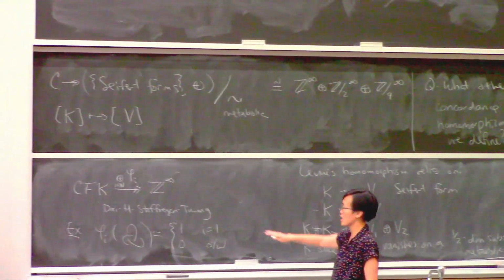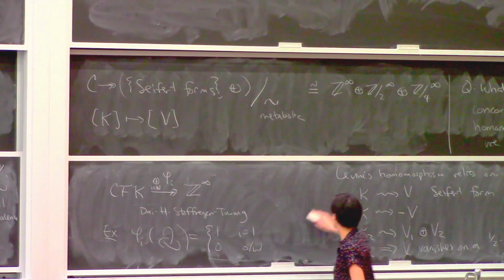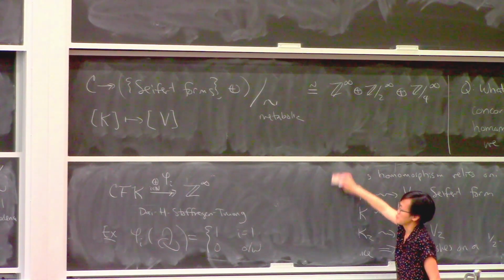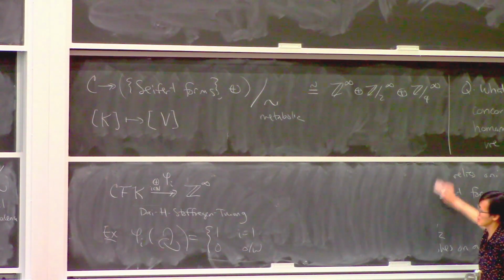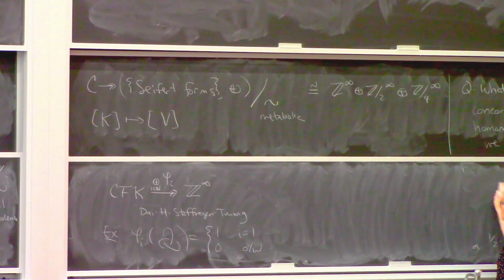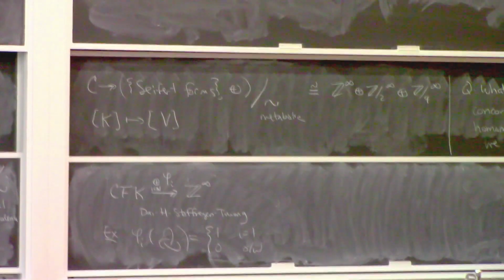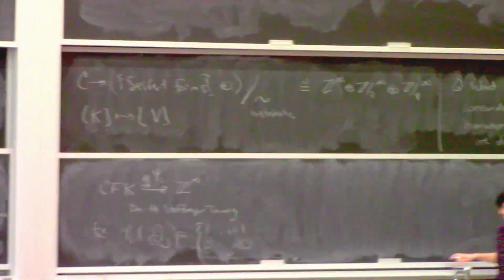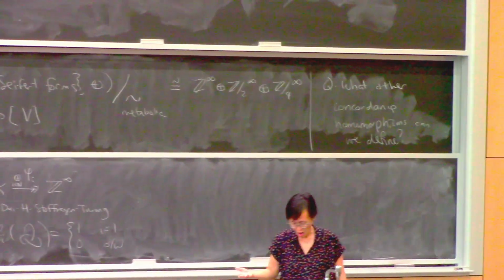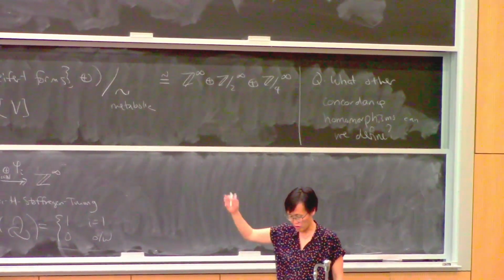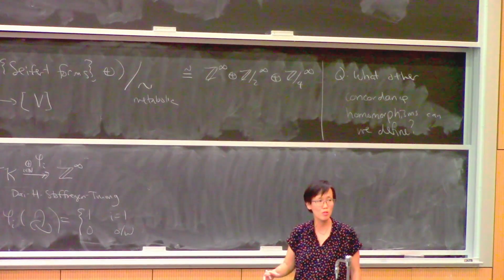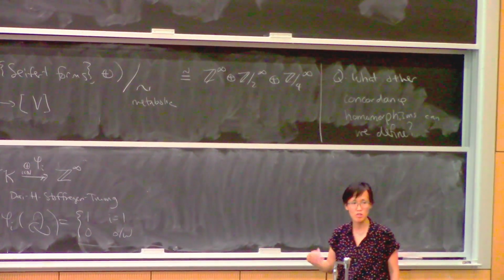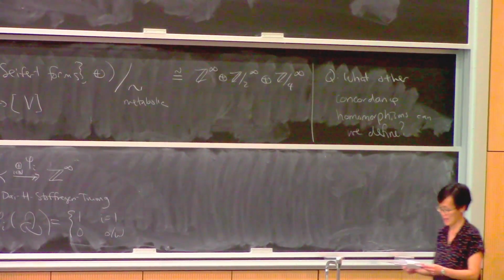One nice application of these homomorphisms is that they allow us to study the difference between the smooth concordance group, which is what I've been telling you about, and the topological concordance group, which is what you get if instead of requiring your disk and your annuli to be smooth, you just require that they're topologically locally flat.